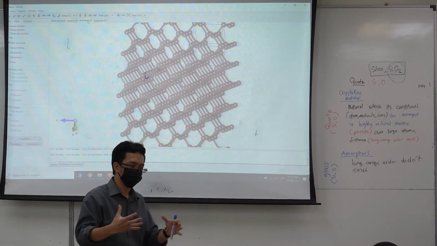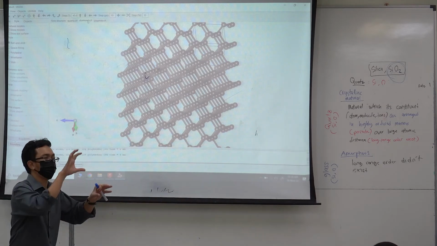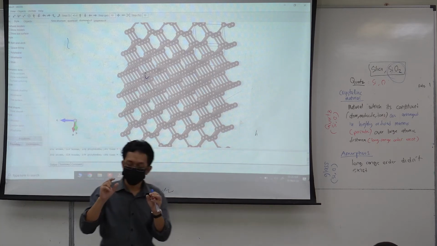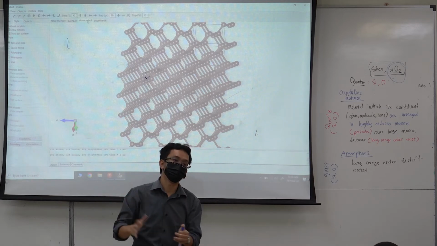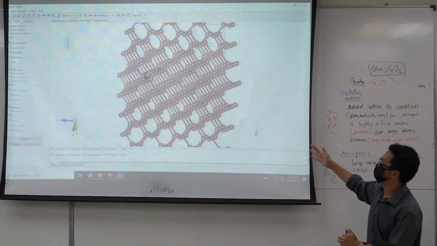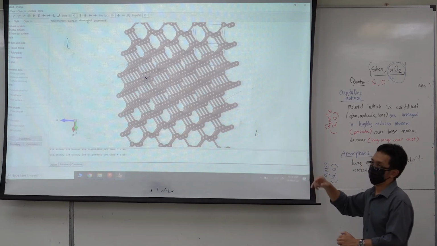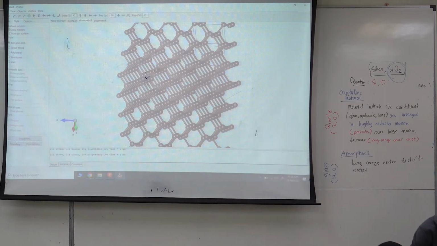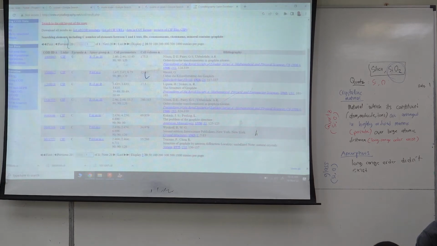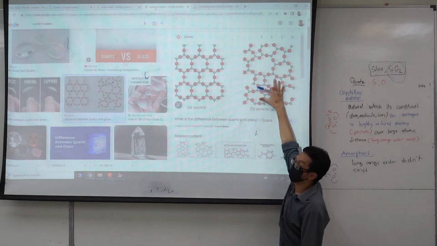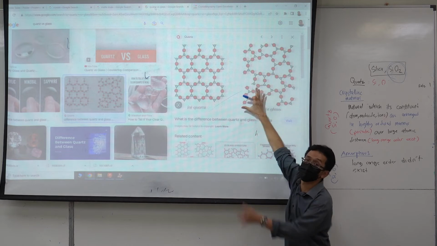Normally when you want to study something, it's easier if you can classify or categorize things. But if the possible arrangement of atoms in space is infinite, then it's hard. That is true if you talk about non-crystalline material, like glass. In glass the possible arrangement is infinite, it can be anywhere.